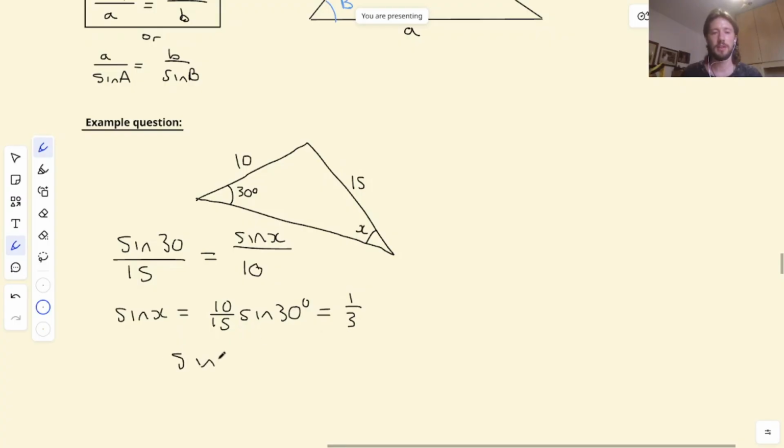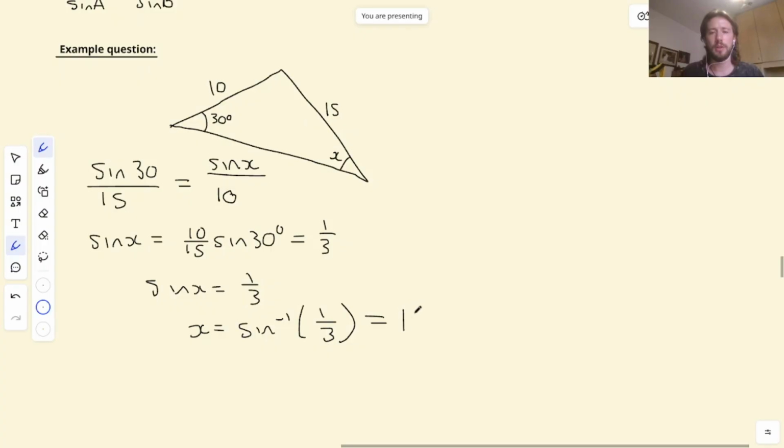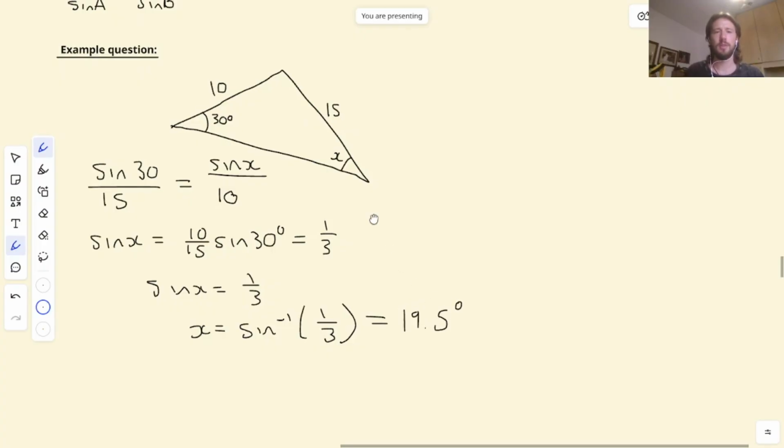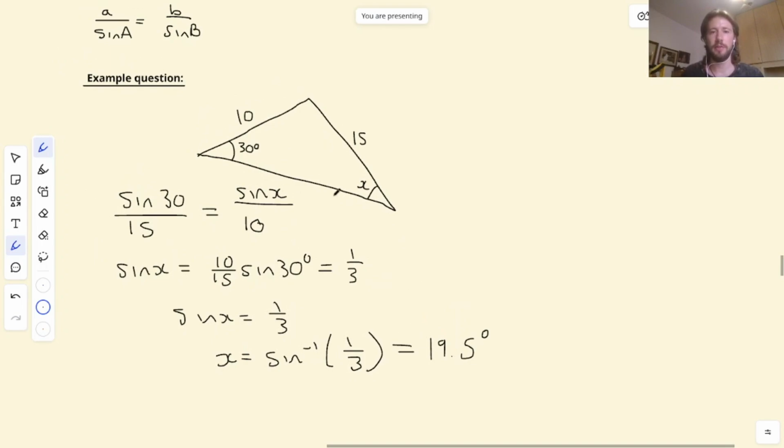So sine x is equal to 1/3. Then we can do the inverse sine, and we will find that inverse sine of 1/3 is equal to roughly 19.5 degrees.